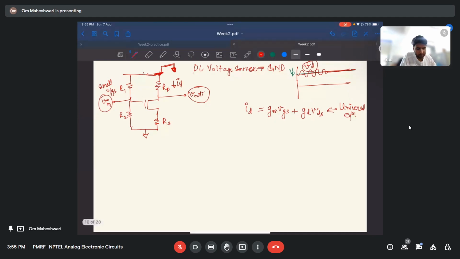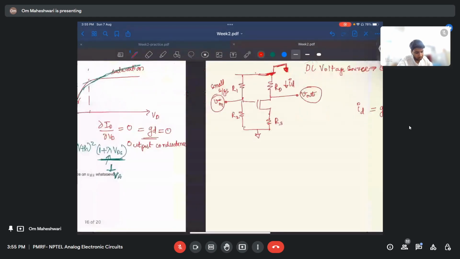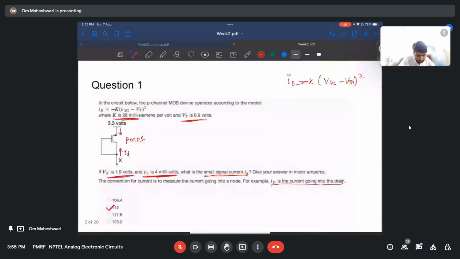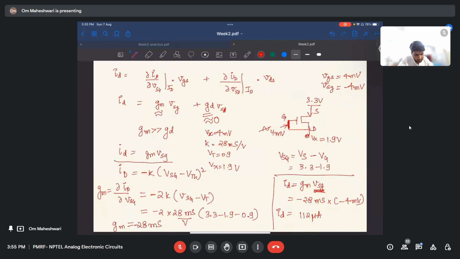So I recommend you learn it, and with this any question of small signal analysis you can easily do, right? And we have seen where it comes from, in the first question I had shown. It comes from here. So this is GM, this is GD: GM VGS and GD VDS.